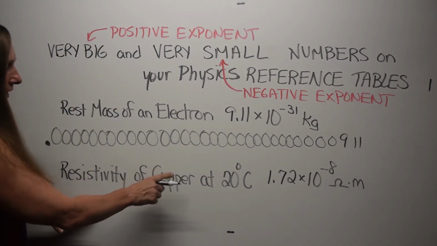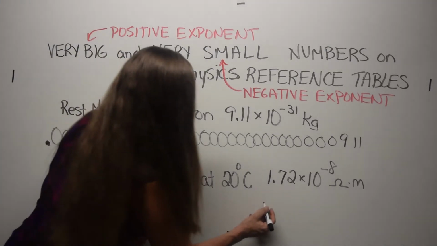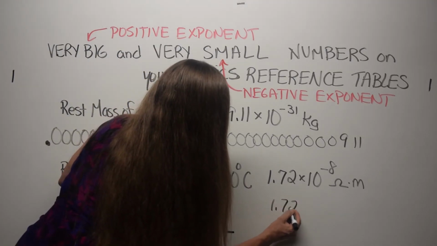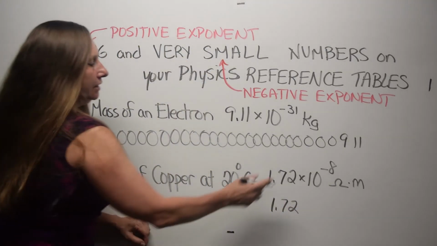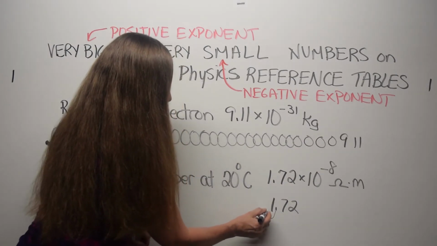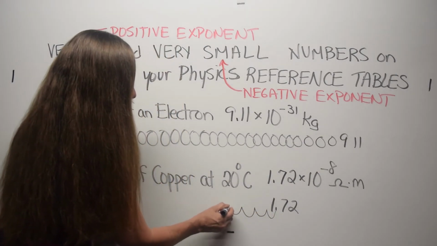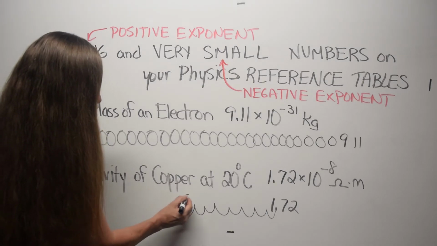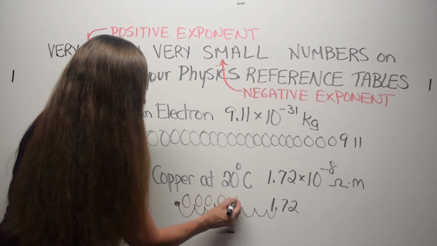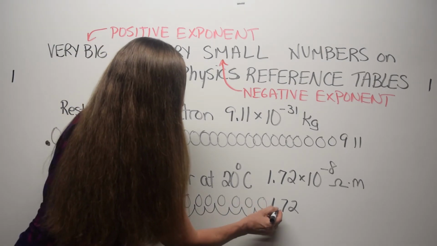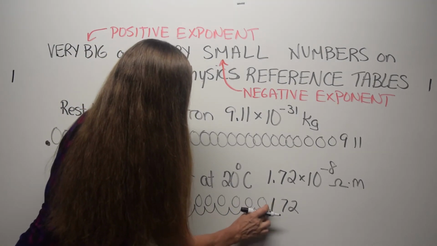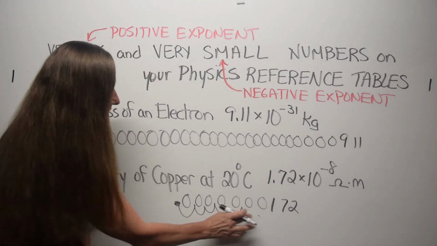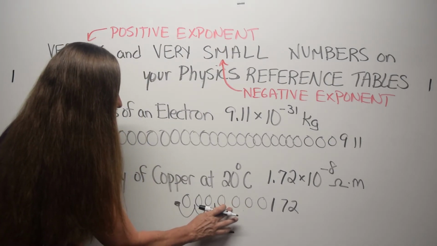Now here, the resistivity of copper, 1.72 times 10 to the negative 8. We've got 1, 2, 3, 4, 5, 6, 7, 8. So we've got 7 zeros, and the decimal was there. So here's that number in decimal form.